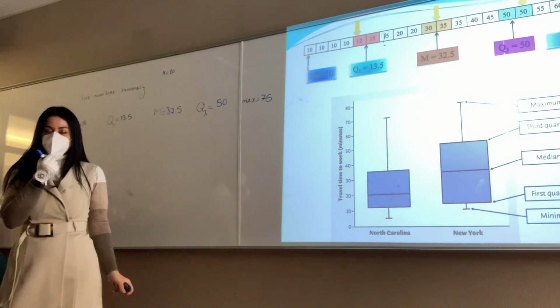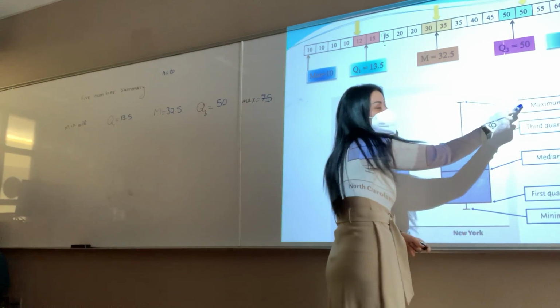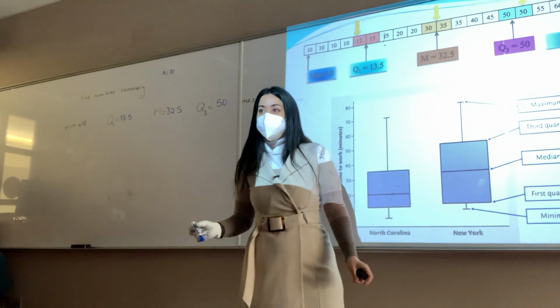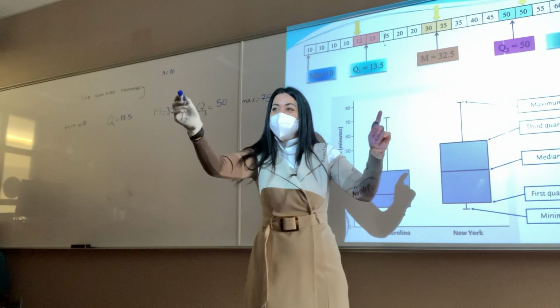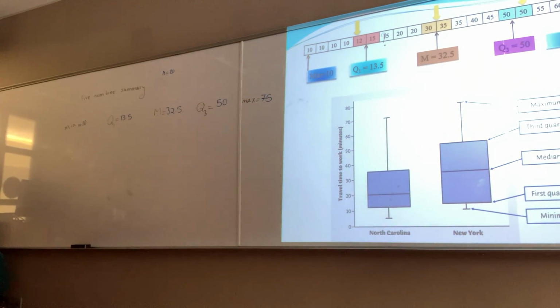50 minutes to 75 minutes. What percent? 25%, right? 25% of people are between the third quartile and the maximum.